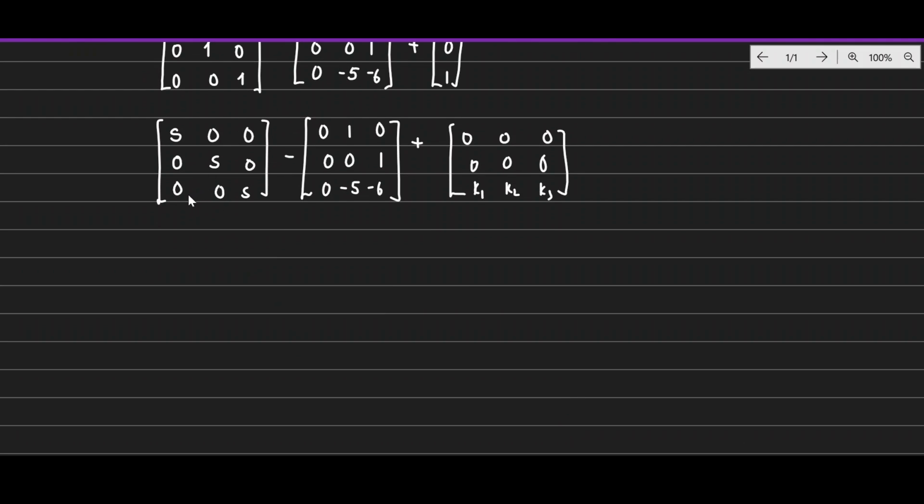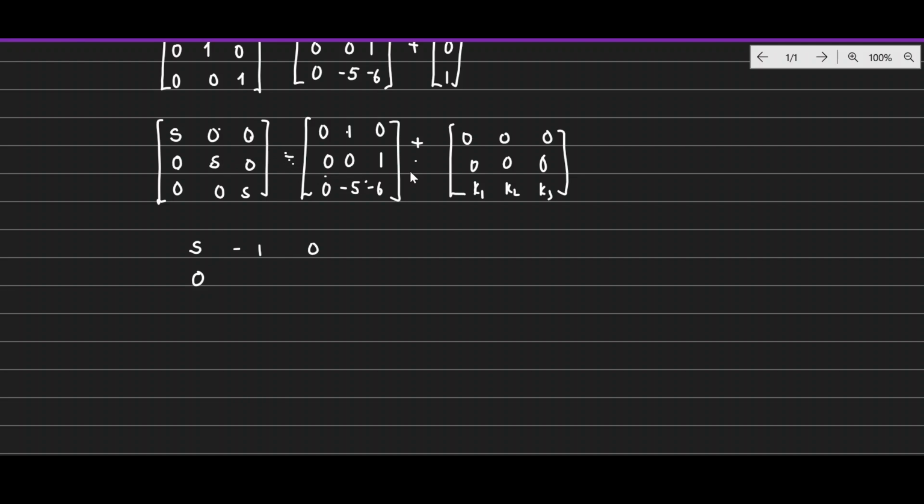Now let us simplify this. So we subtract and do addition. S minus 0 plus 0, adjacent elements, right? S minus 0 plus 0, that is S. And then 0 minus 1 plus 0, that is minus 1. Then 0 minus 0 plus 0, that is 0, and again 0 here.